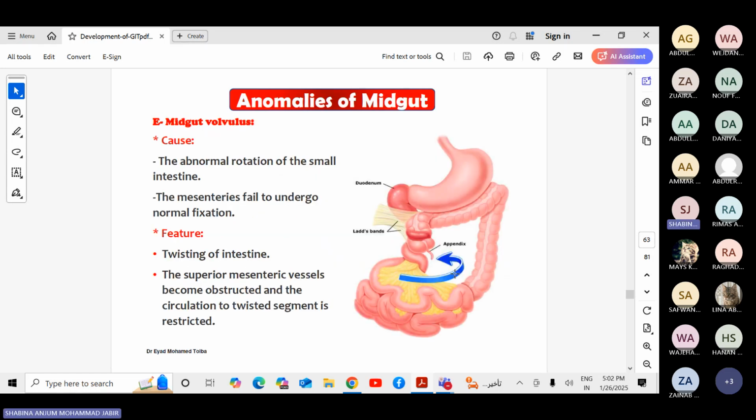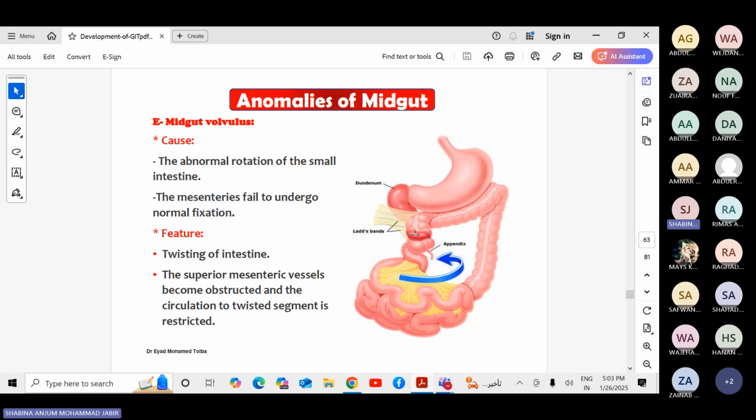Now, what is the volvulus? This is also one of the conditions you can come across. There is abnormal rotation of the small intestine. After rotation, everything should get fixed to its normal position. But if the mesentery is not fixed to its normal position, what will happen? Can you see this is the mesentery which is getting twisted?